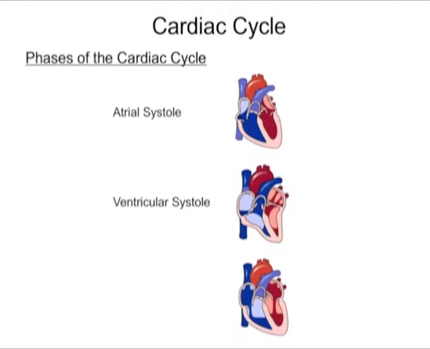Phase 2, called ventricular systole. The blood-filled ventricles now experience a rise in pressure. When the ventricular pressure is greater than the atrial pressure, the tricuspid and mitral valves close.